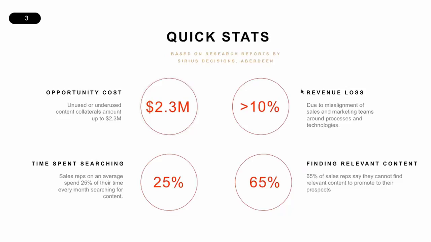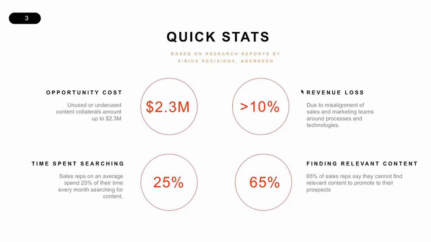So in terms of productive time, this is quite a loss. You want most of your salespeople to actually be selling instead of searching for collateral. So that's one of the big missed items. About 65% of sales reps say they cannot find the relevant content to promote to their prospects.